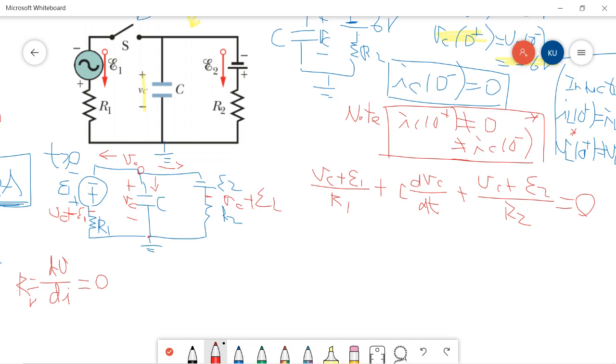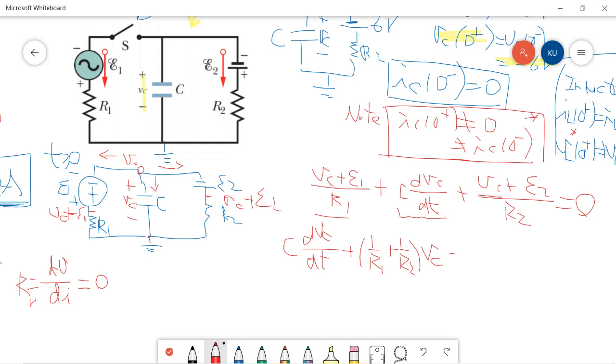So next, we can try to rearrange the terms. We leave VC and the first derivative of VC on the left hand side. So we have dVC/dt for the first term, and then the next one is VC over R1, and the second one is VC over R2, and then we factor them out so that we have 1 over R1 plus 1 over R2 in parentheses, multiplied by VC.